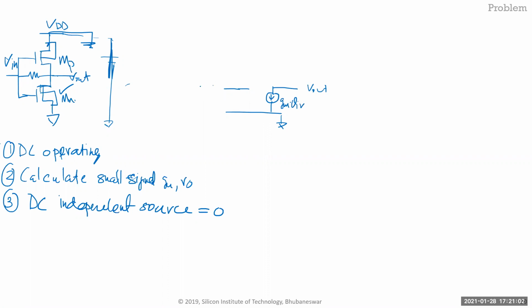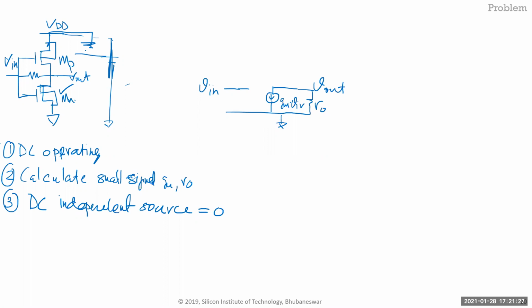This is all small signal now. And then the next one is R out, which is between V out and ground, right? Correct? Everyone still here? GMB we can ignore because there is no VBS. VBS is 0. There is no variation in VBS. But the input is varying, the output is varying. That's why I need to have R naught and the GM.